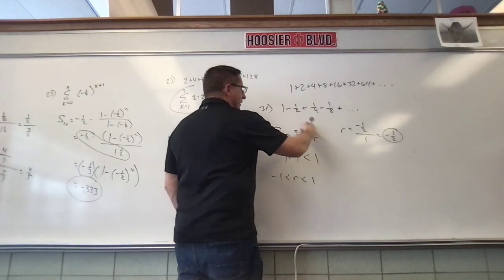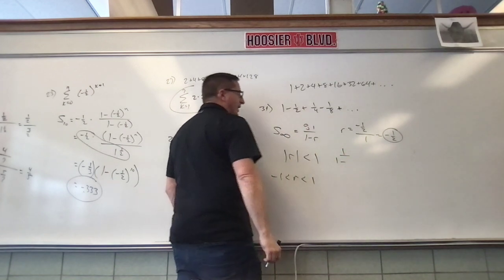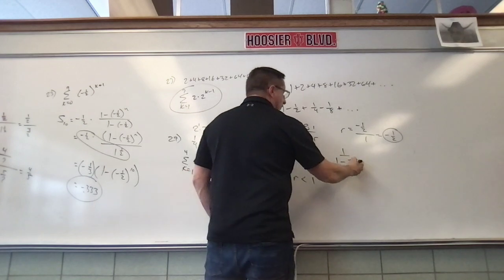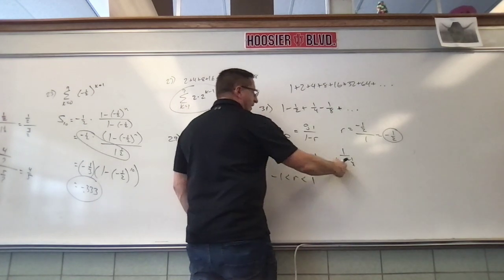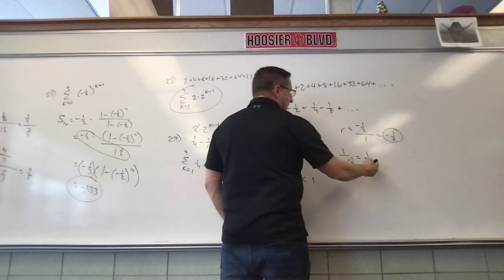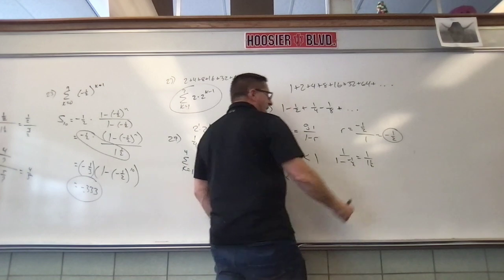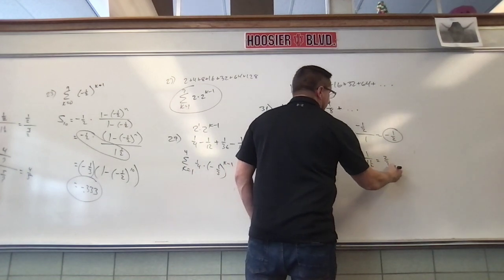So we take g sub 1, which is 1, over 1 minus your rate. Your rate is negative 1/2. Minus minus, plus plus, so it's 1 over 1 plus a half, that's 1 1/2. If you type in 1 divided by 1 1/2 on a calculator, you come up with 2/3.